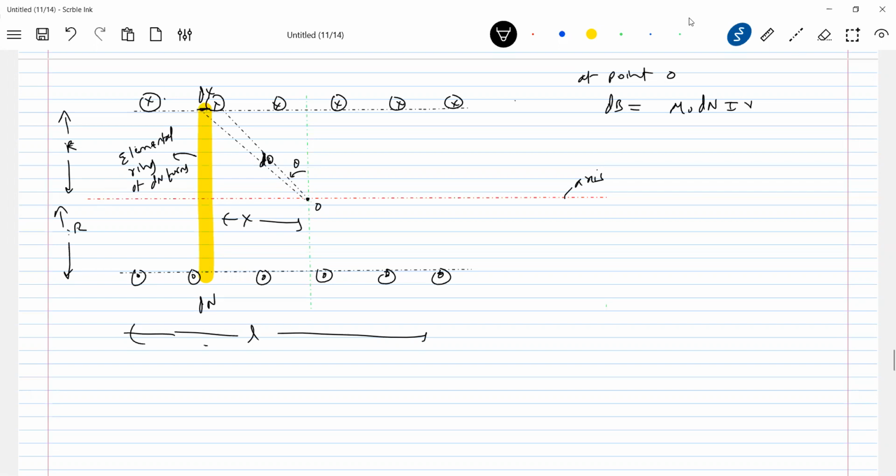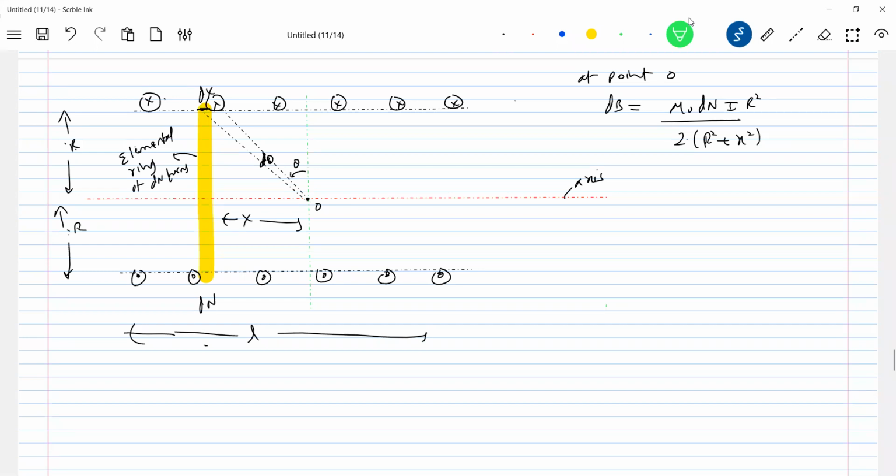Mu naught dn I, and the radius is R squared by 2 times (R squared plus x squared). What is x? We have defined it. What is R? Radius of the solenoid. So let me define the ends now.